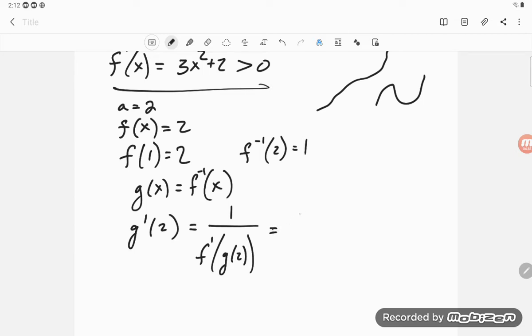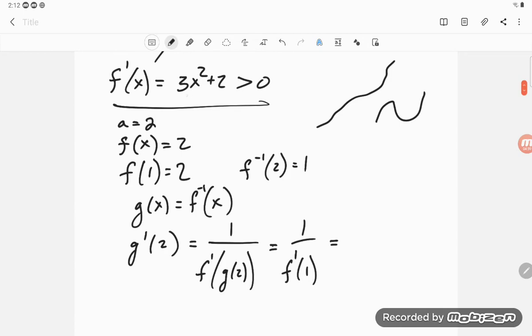And so that's 1 over f prime of 1. And f prime of 1, well, I go back up here, and that was 3x squared plus 2, so that's 5, and so I get 1/5. And so I guess that's what they want from exercise 64.